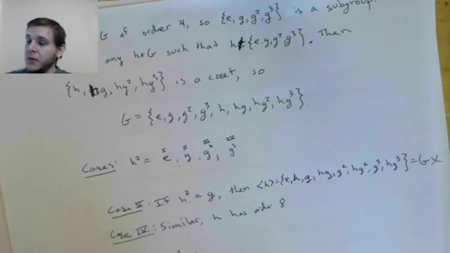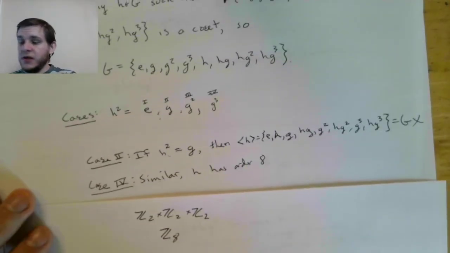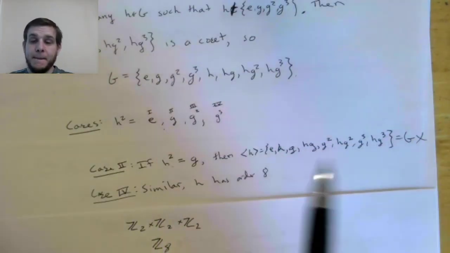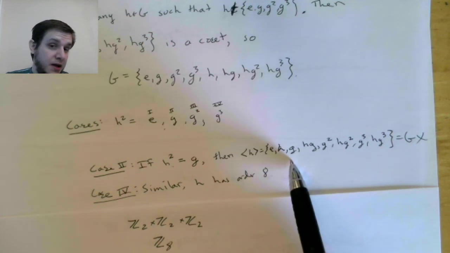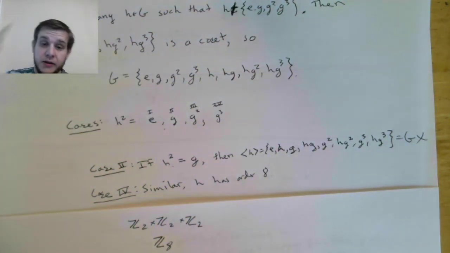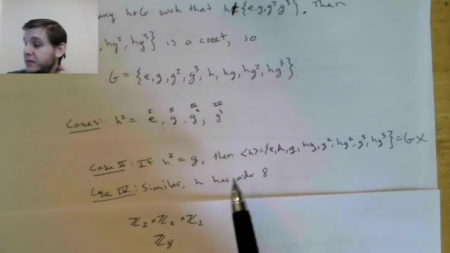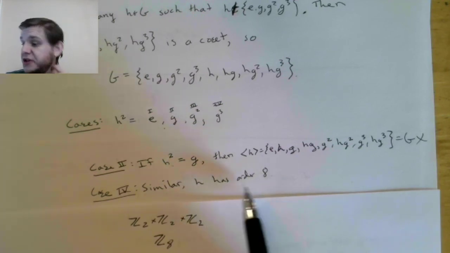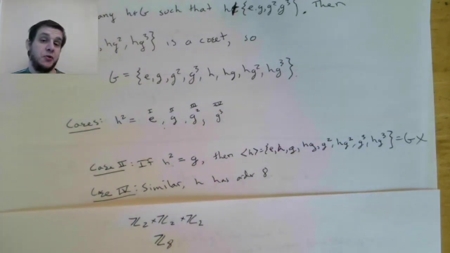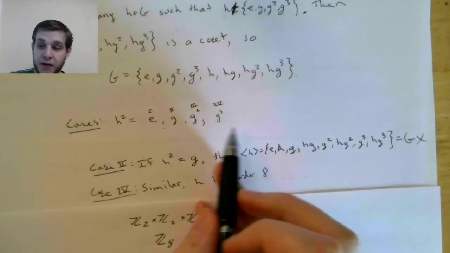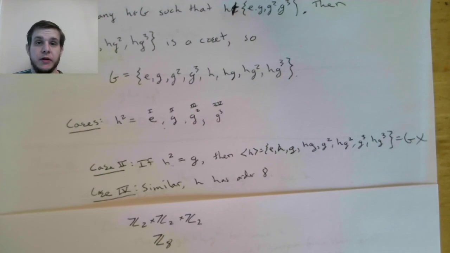So G cubed is an order 4 element. So we can do the same thing. It's good practice for you to do it, in fact, and show that if H squared is equal to G cubed, then H still has order 8. And this is a problem. So cases 2 and 4 don't happen in this setup.